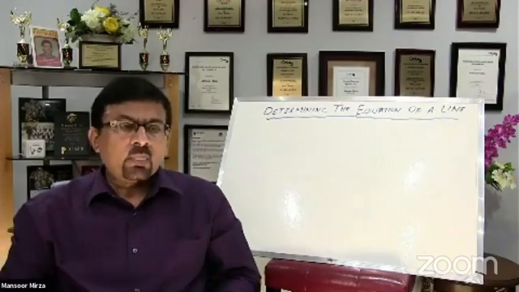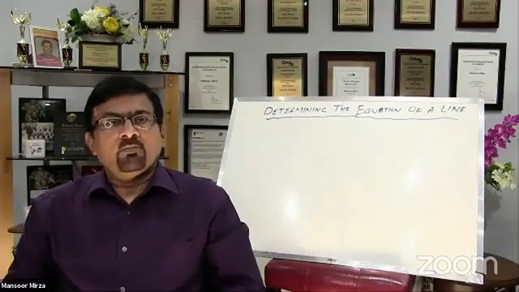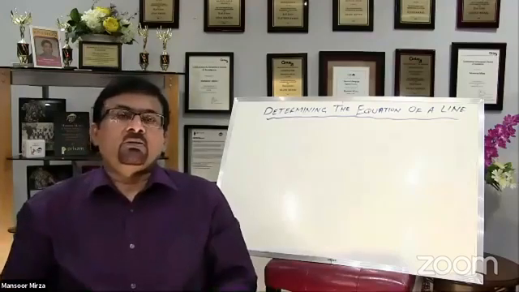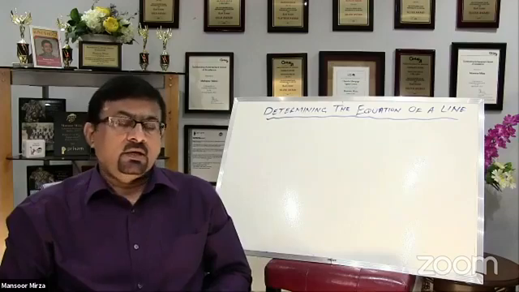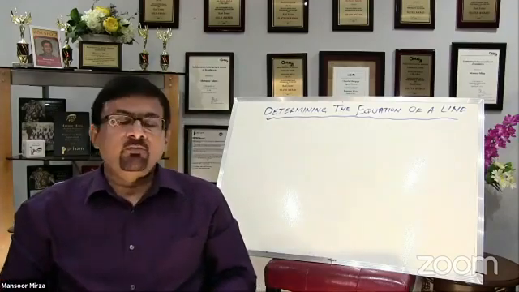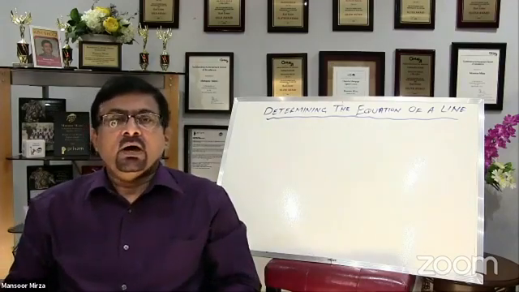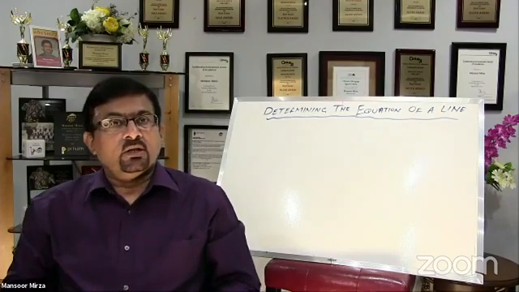So today, the topic of my presentation is determining the equation of a line. Yes, there are some different ways mentioned in this book, but I will just use another way.